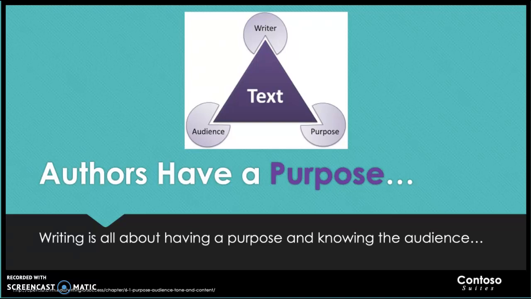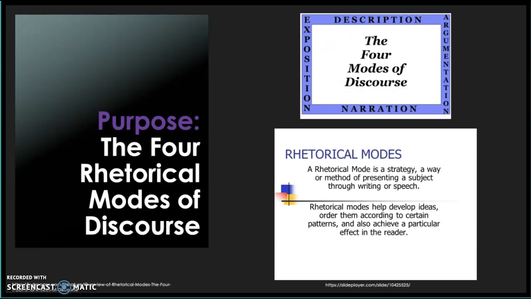But we're going to talk about what's underneath those purposes, and we're going to talk about the modes of discourse. And that is the different ways authors will write in order to deliver their purpose to the audience, because everybody needs to be able to relate to their audience. So writing is all about having a purpose and knowing your audience.